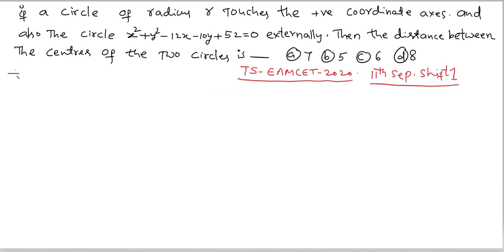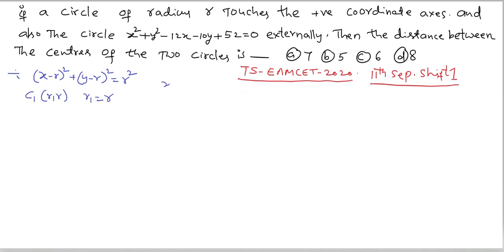So here, the circle of radius r touching the positive coordinate axes means the equation of the circle is (x minus r) whole square plus (y minus r) whole square is equal to r square. So the center of this circle, C1, is (r, r), and the radius R1 is equal to r.